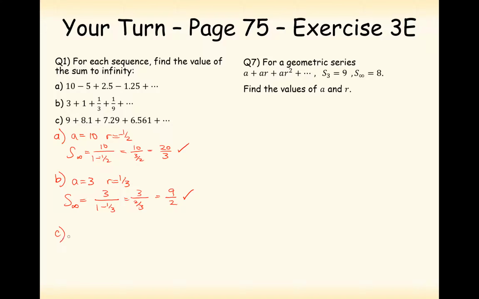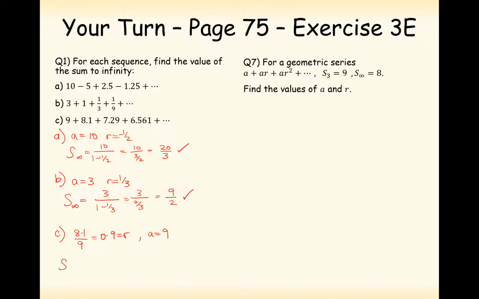And for part C here, if you don't know the common ratio, you can just do the second term divided by the first term, or any of the terms divided by the term before it. So 8.1 divided by 9 is 0.9. So that's the common ratio. The a value, the starting term, is 9.